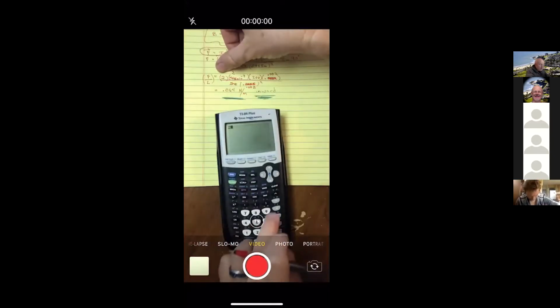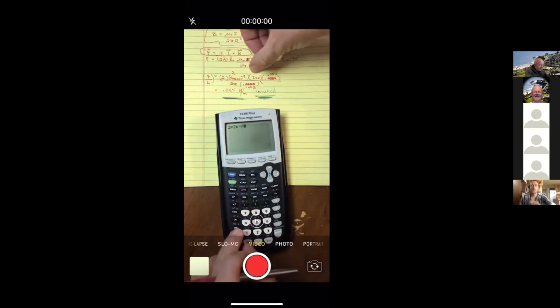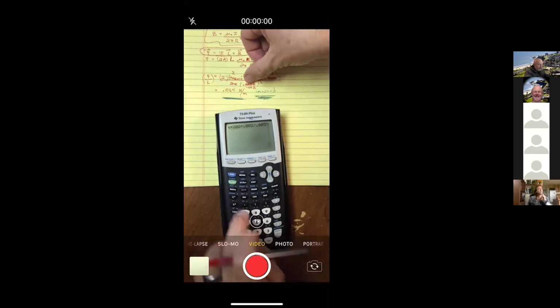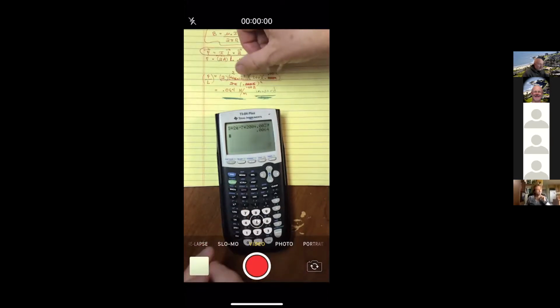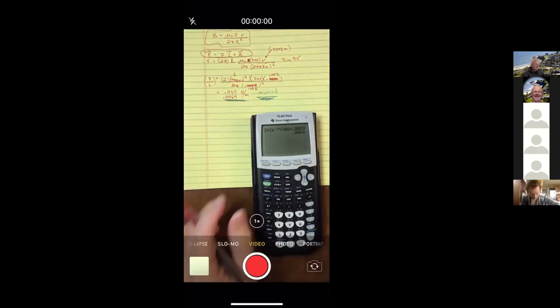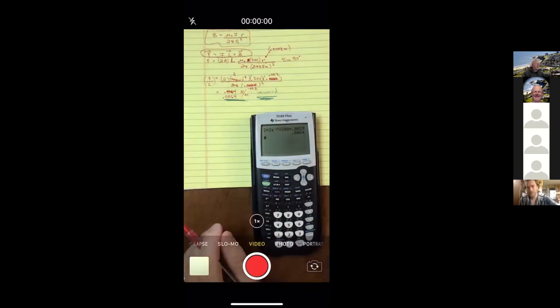So 2 times 10 to the negative 7 times, there's the current, 200, and the 0.002, then divided by 0.005 squared, and then I get 0.0064. Okay, so sorry about that.